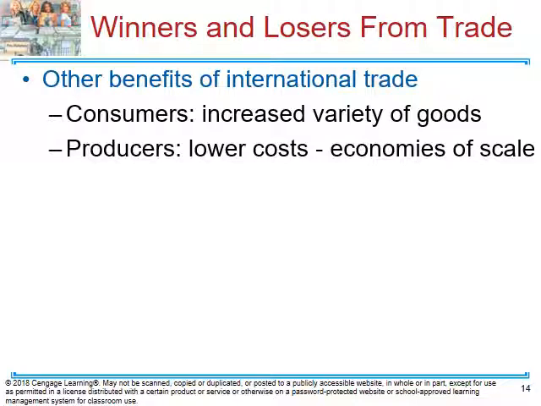In case the country is an exporter, their costs will be reduced. Why? Mainly because of economies of scale. The concept of economies of scale is that if you're producing on a large scale, your cost will be reduced.